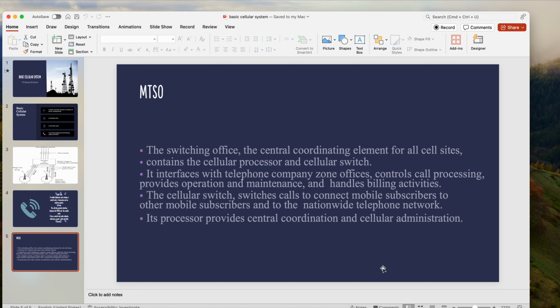It sends the signals to all the other cell sites and scans where the subscriber is present. Once the subscriber location is identified, a voice channel is assigned to the subscriber, and using that voice channel, the person will be able to communicate. So like this the process takes place in a basic cellular system.